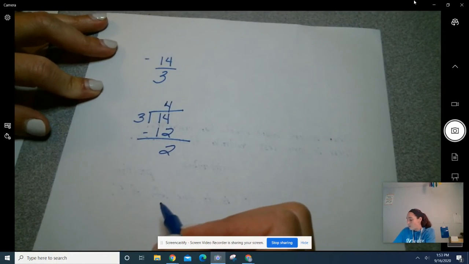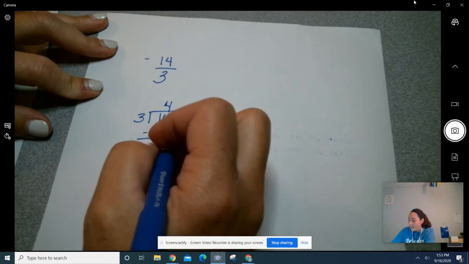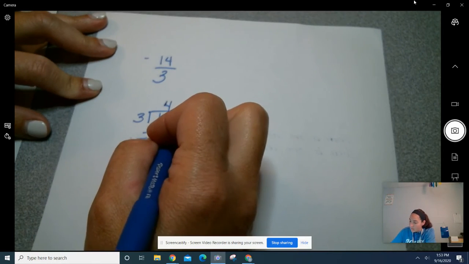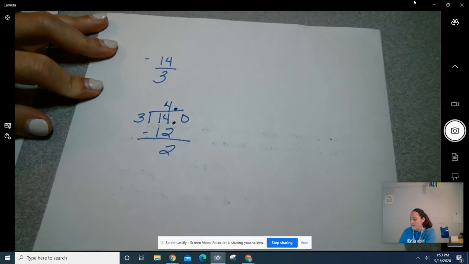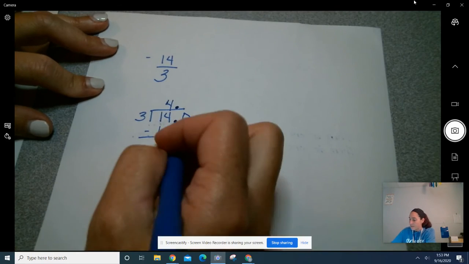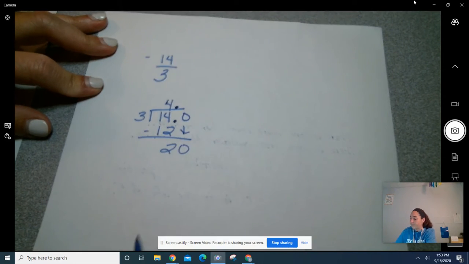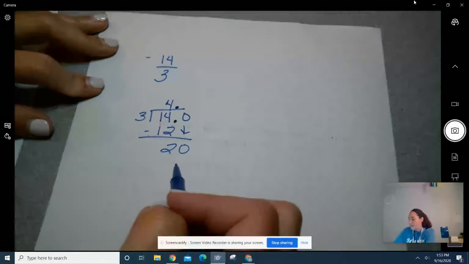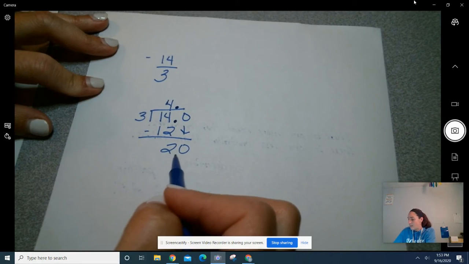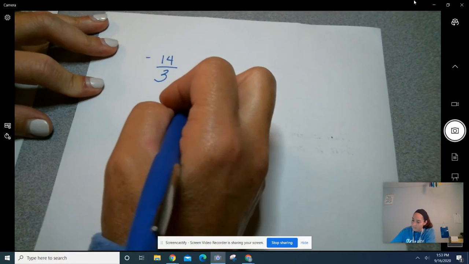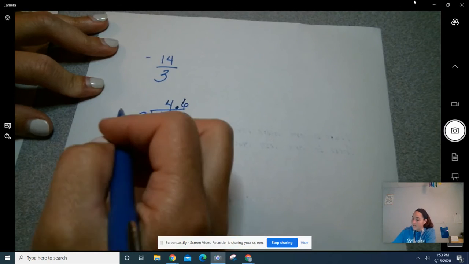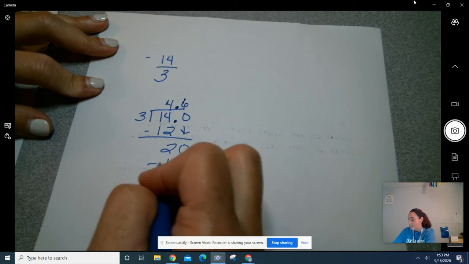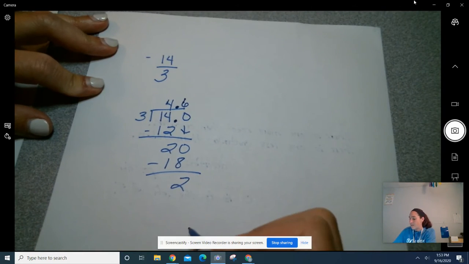Well, in order to bring down, I have to add a decimal and a 0. So in this case, we have to add a decimal so that I can bring something down. All right, 3 goes into 20 6 times. 6 times 3 is 18. We subtract and we get 2.